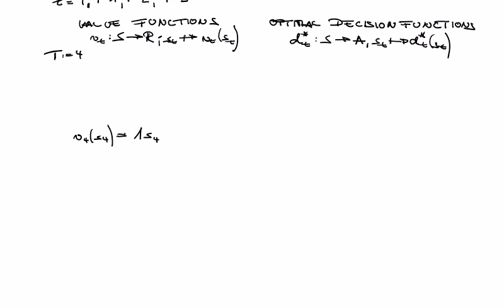Optimal decision function. Last time we computed a big T equals 0. Now we abolished the last action, so that doesn't exist. V3 as 3. We found V2 as 3 plus 1 over 4.